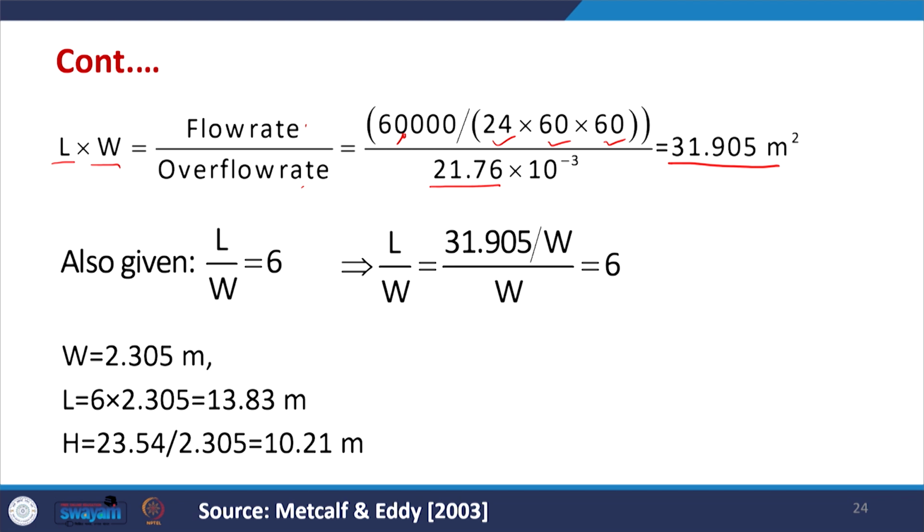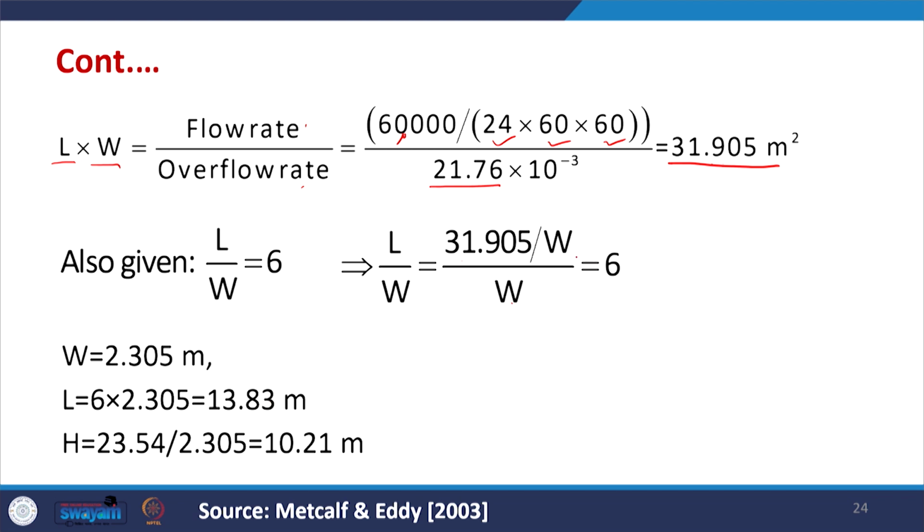Now, it is also given that L by W is tentatively equal to 6. So, here L is equal to 31.905 divided by W, again divided by W is equal to 6.